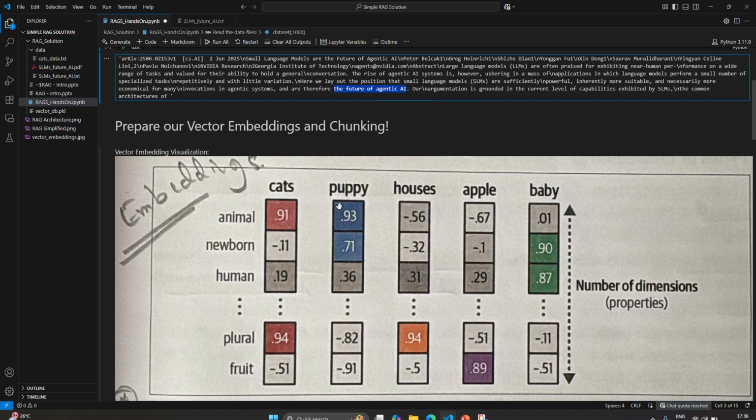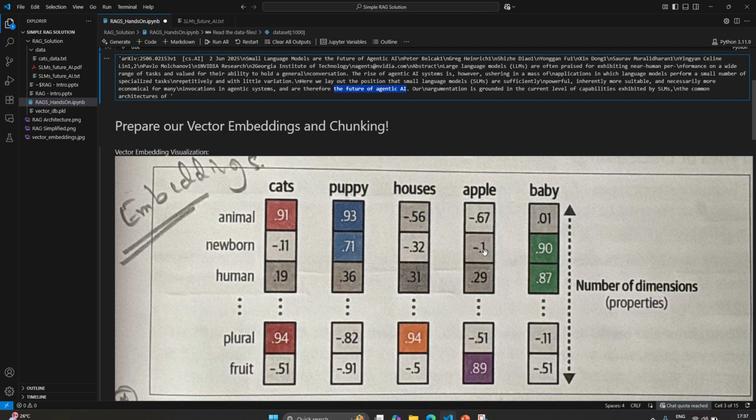Here you can see cats, puppy, houses, apple, baby. If you look at this example, let's say you get a sentence called my baby's name is XYZ. Baby as a word will always be either a newborn or a human. Your baby is not an animal, right? So there would be multiple scores for that particular word, baby, against different properties: animal, newborn, human, wood, metal, road, car, truck.